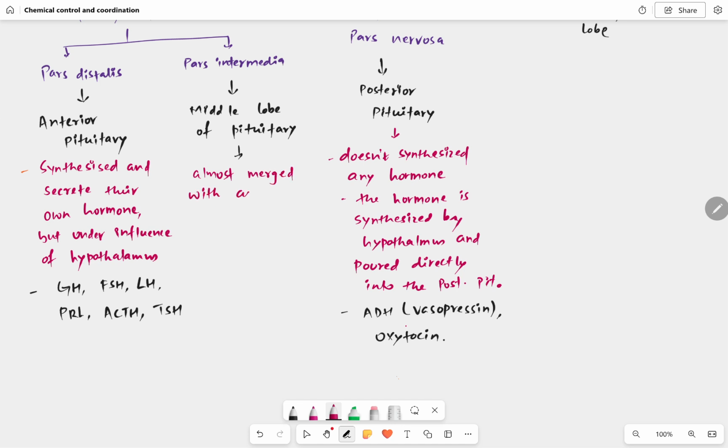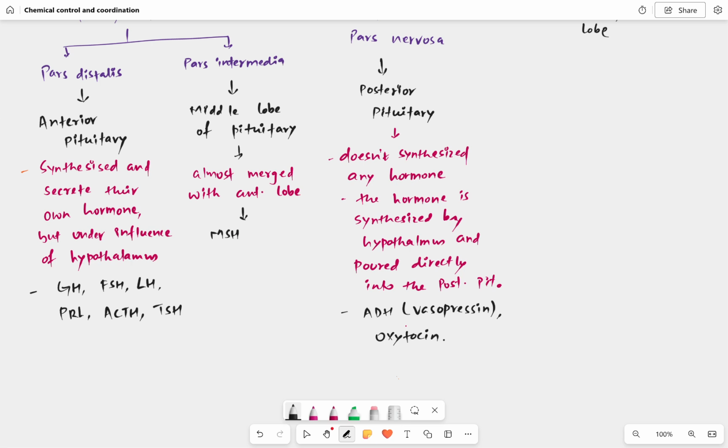The hormone of the middle lobe is MSH, the melanocyte stimulating hormone. So it secretes one hormone, which is MSH.